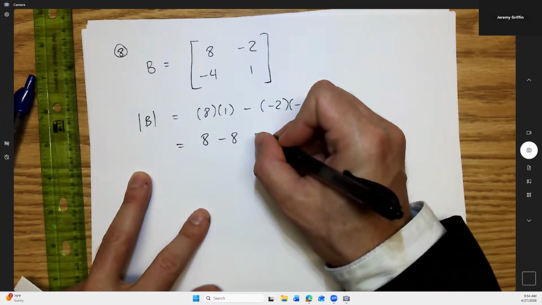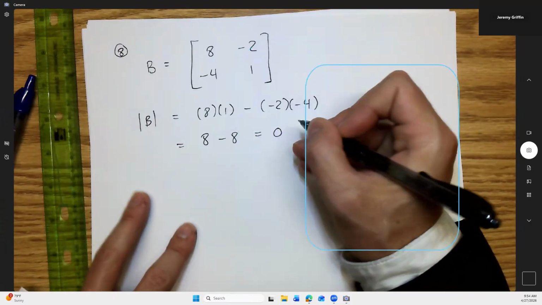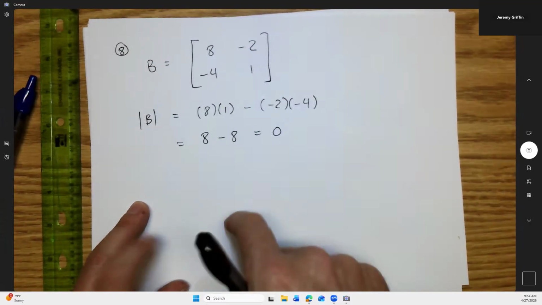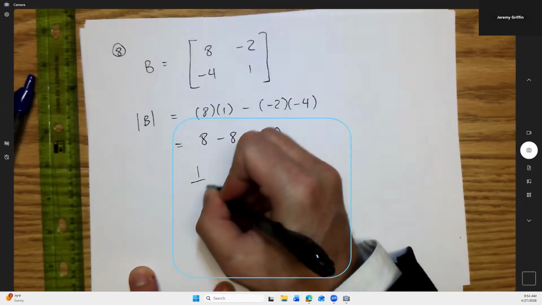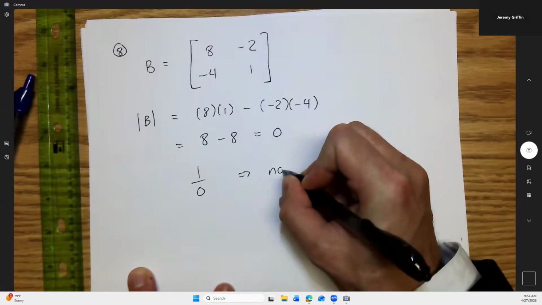Guys, what would this be equal to? 0. Right. Well, if I continue this process and try to get the inverse by doing 1 over the determinant, am I allowed to do 1 divided by 0? No. So what do you think the answer is? Not possible, undefined. So this is 1 over 0. Let's say no solution.